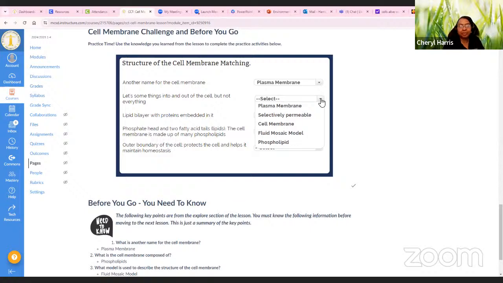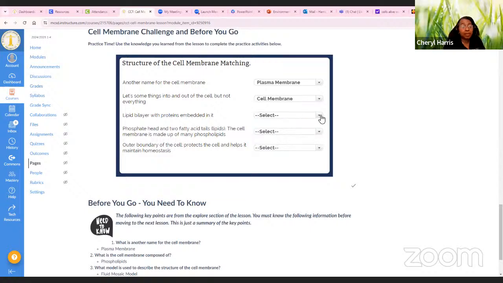All right, next: lets some things in and out of the cell, but not everything. What'd you pick for that one? It shouldn't be Natalie, since Natalie answered the first one. Thank you, Zay. The cell membrane.